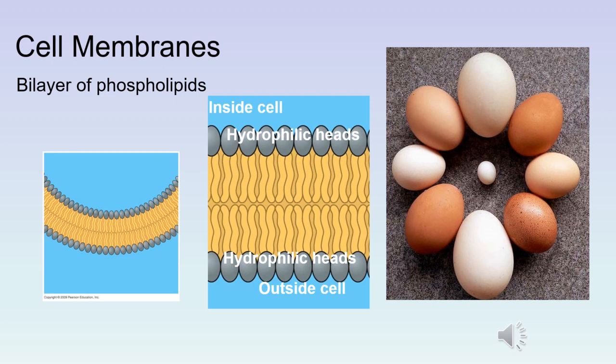This creates a hydrophobic region of the bilayer across which many polar molecules cannot cross. However, gases like oxygen and carbon dioxide are nonpolar, and they're free to cross in and out of this membrane.